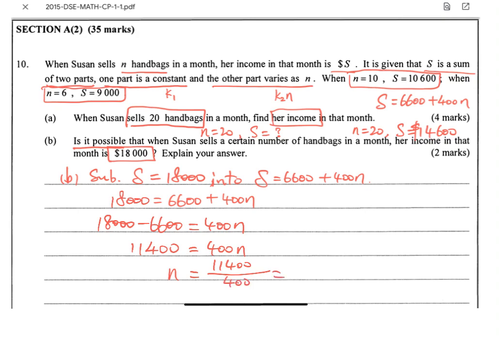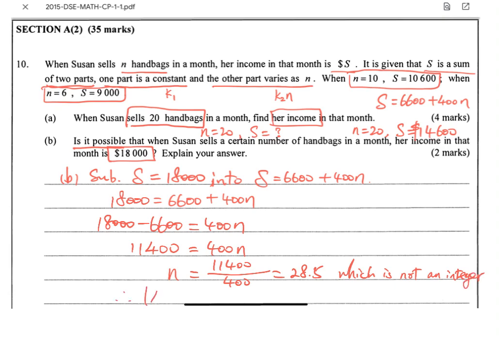So what can we get? 11,400 divided by 400, so we get 28.5. Do we have 28.5 handbags? So the number of handbags must be integers. So this is not an integer, not a positive integer.